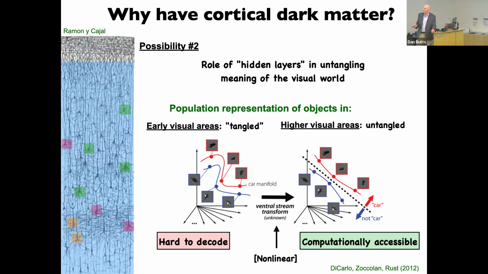One of the old ideas about that was that meaning in the natural world is not the same thing as meaning on the retina, and categories of different objects are going to be very hard to decode from retinal ganglion cells or early layers of visual cortex. In that sense, the hierarchy is thought to apply possibly inscrutable nonlinear transforms that then untangle the representations of things that are behaviorally important to us. And if they're untangled, as this is showing, it then becomes straightforward to decode them.